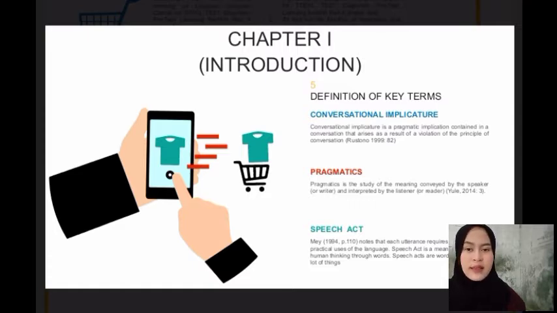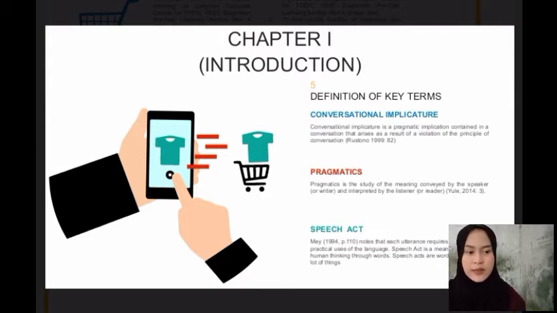He states that conversational implicature is a pragmatic implication contained in a conversation that arises as a result of violation of the principle of conversation. Next, pragmatics. Pragmatics is the study of the meaning conveyed by the speaker and interpreted by the listener, stated by Yule in 2014, page 3.